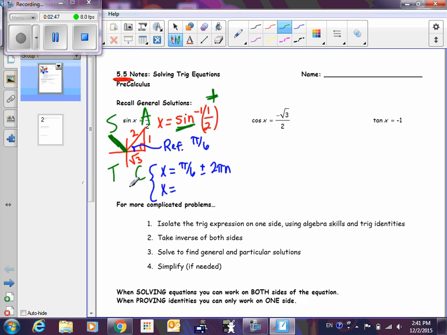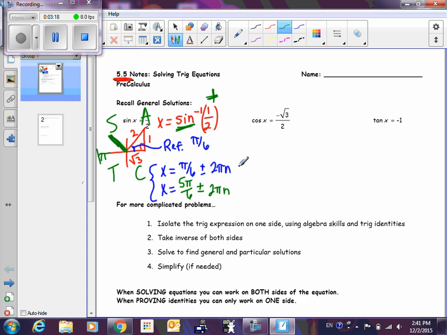So what we had to do is figure out what is pi over 6 in the second quadrant. 5 pi over 6. How are you guys getting that? Are you just remembering? Are you doing a calculation? Yeah, if this is all the way around, or not all the way around, but if all the way to this line is like 1 pi, and I subtract 1/6 of a pi, I get 5 pi over 6.